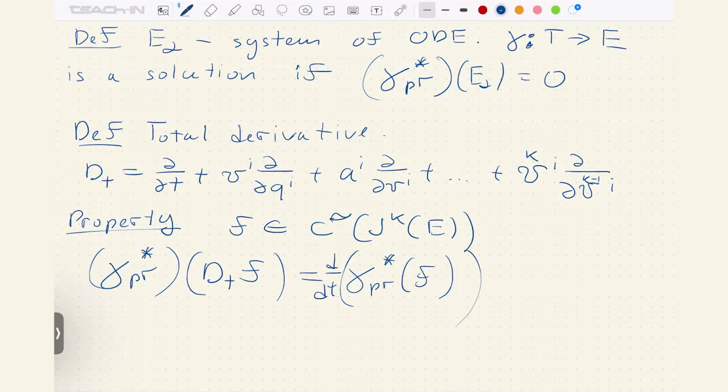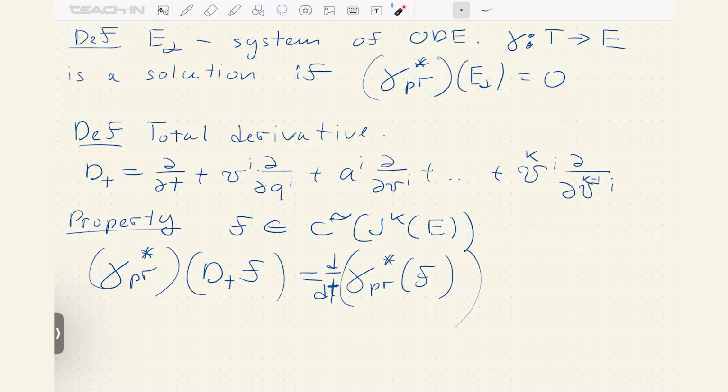So you see, it mimics the action of the time derivative in terms of the jet bundle. If you have a function on the jet bundle, we can first apply the total derivative and then pull it back by the section, or we can pull it back by the section, get a function of time, and then just take a derivative.